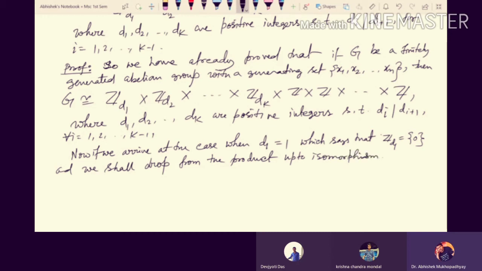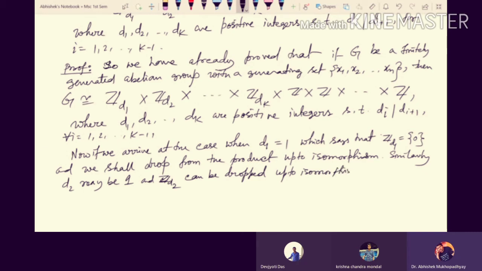Similarly, d2 may be 1 and can be dropped, and Z_{d2} can be dropped up to isomorphism, and so on, and so on.